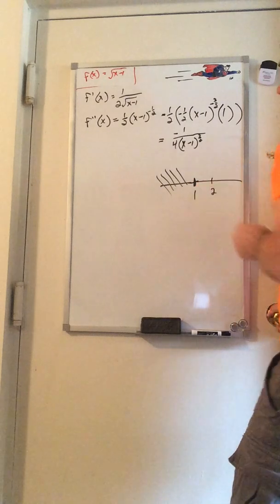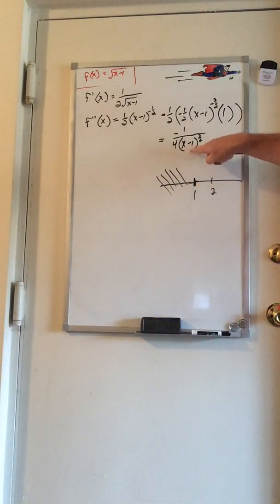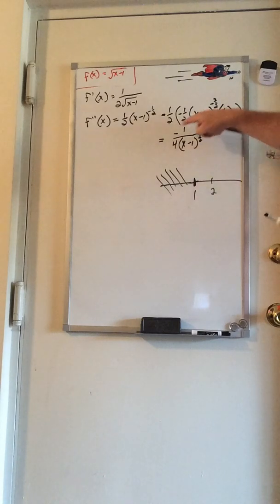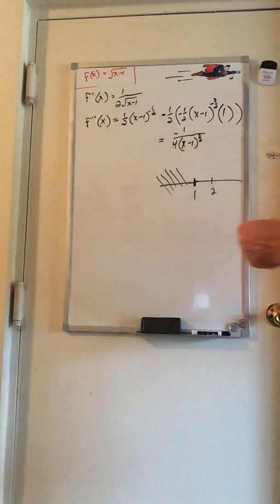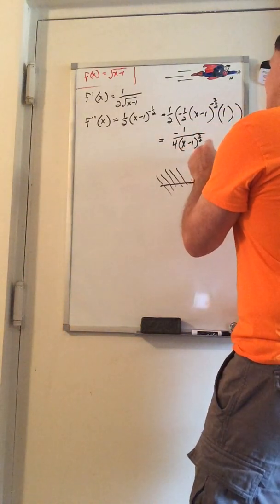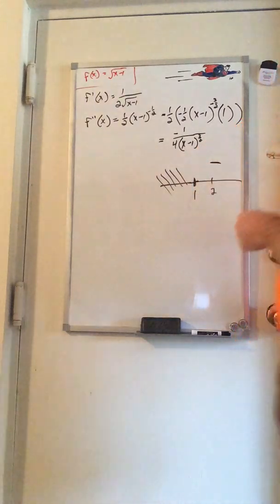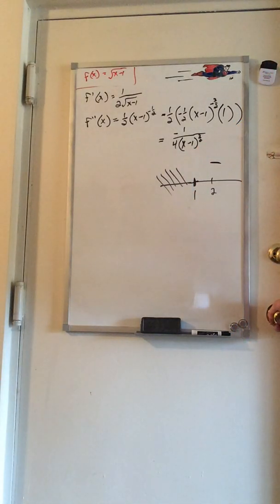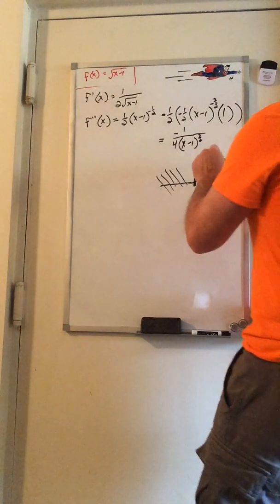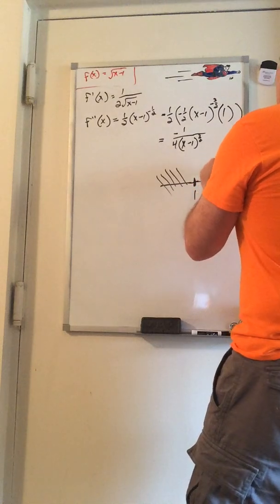We'll just go with 2. If I plug in 2, 2 minus 1 is 1. The 1 to the 3/2 is 1. So it's negative 1/4 times 1, which is negative 1/4, which is negative. And on the last one, we said what? If the second derivative is negative, it means the graph is concave down.